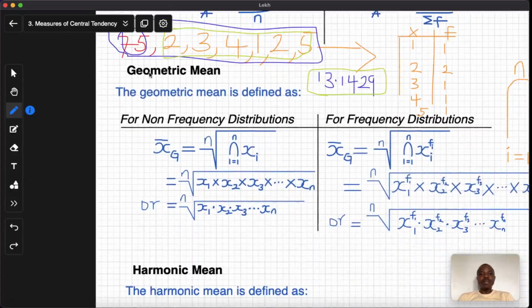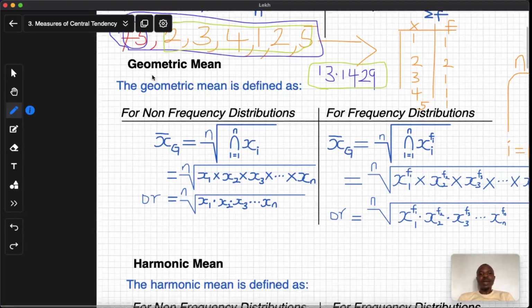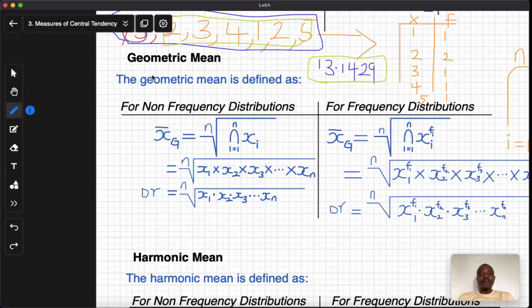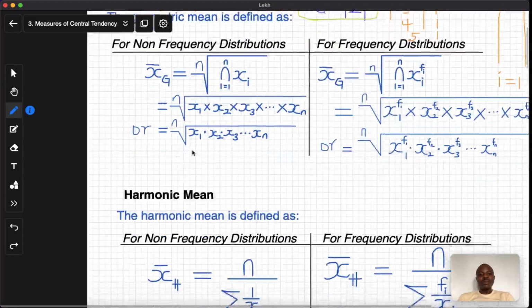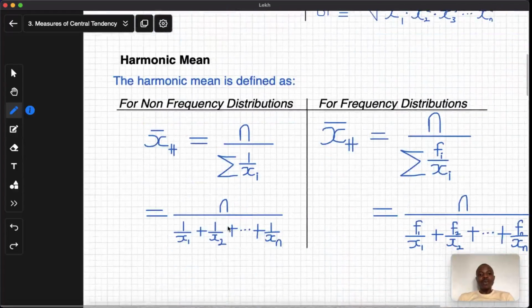Whereas the geometric mean may not help us obtain what we want when you have a value that is 0. It doesn't give us useful information when we have a value that is 0. The harmonic mean cannot be computed. That's the disadvantage of the harmonic mean now. It cannot be computed when any observation is 0.